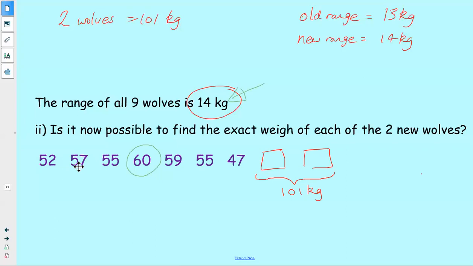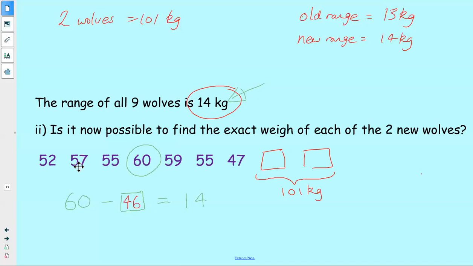So if I did 60, take away something, gives me a range of 14 kilograms. What must that something be? So 60 take away what would give you an answer of 14? And the answer would be 46.